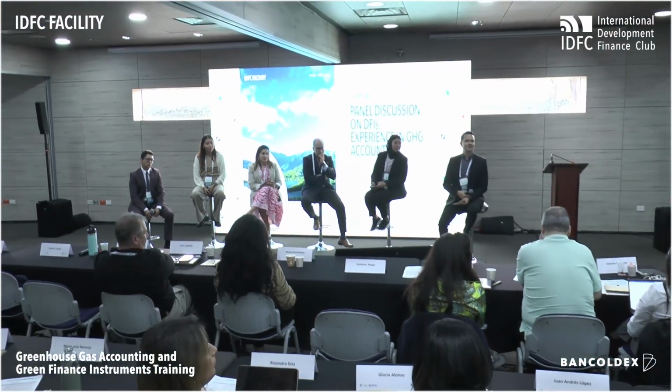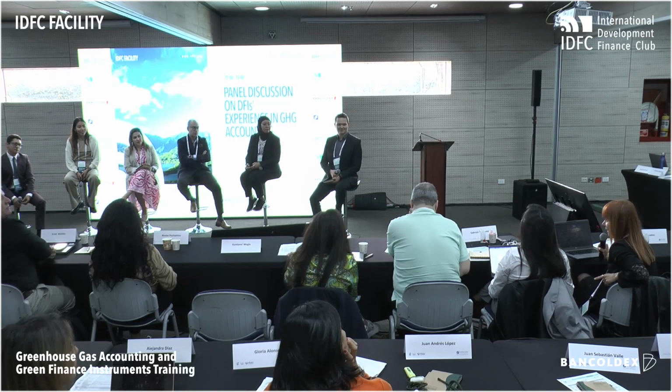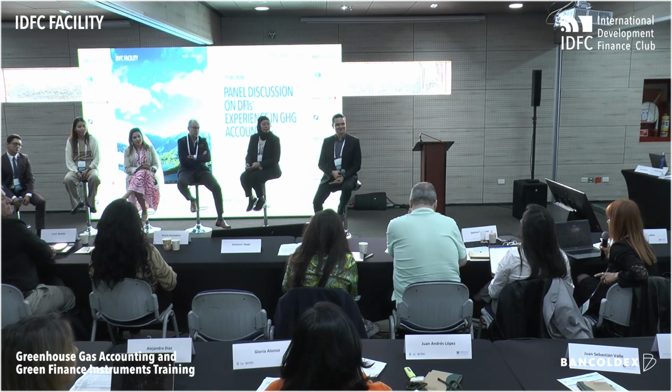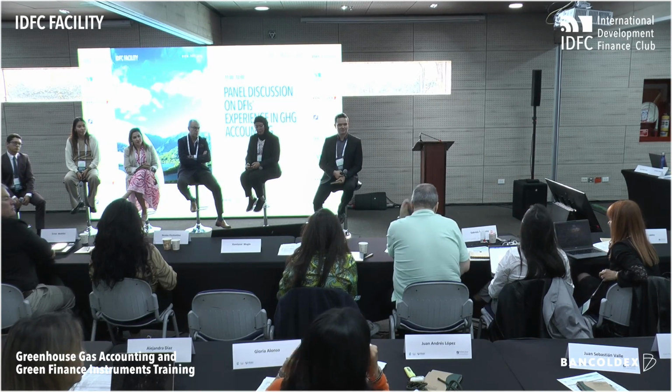Thanks, everyone. It was a really fruitful discussion. I will have many questions, but in the interest of time, I will just select one. 2 of you, one from Carbo and the guys from CAF, mentioned carbon markets and carbon credits.